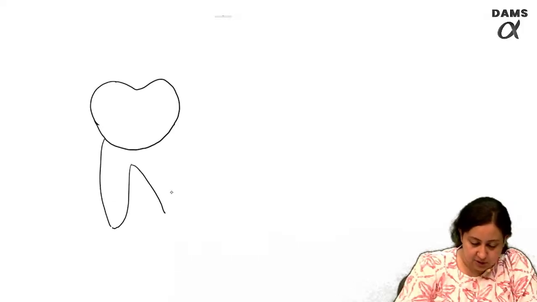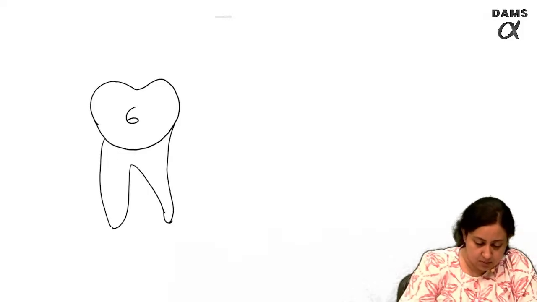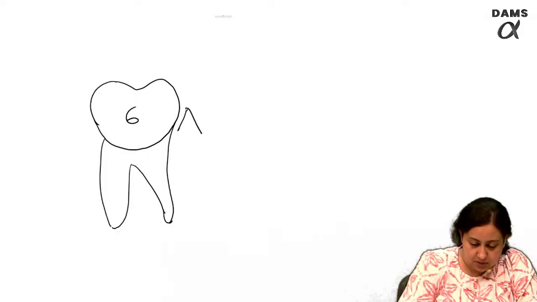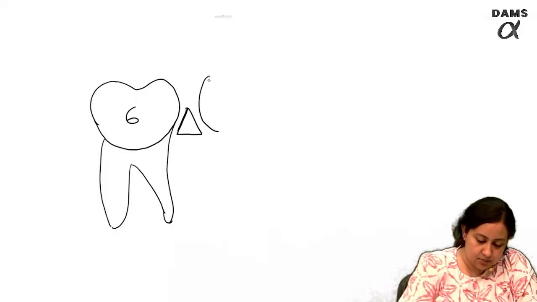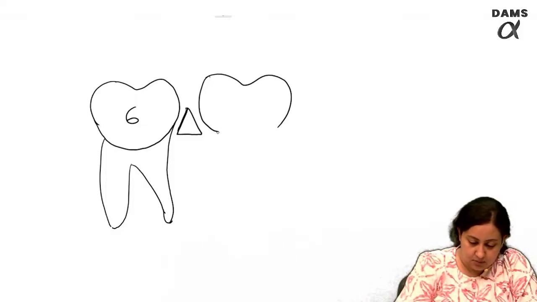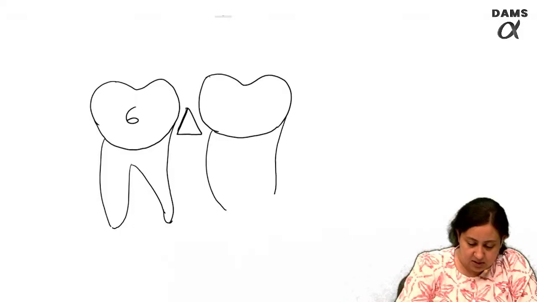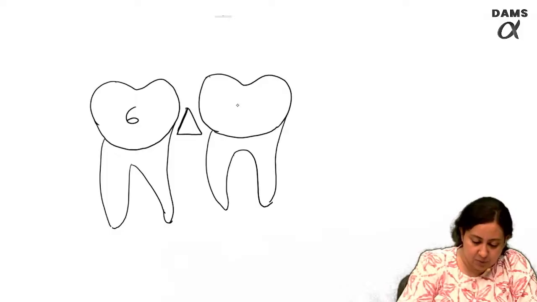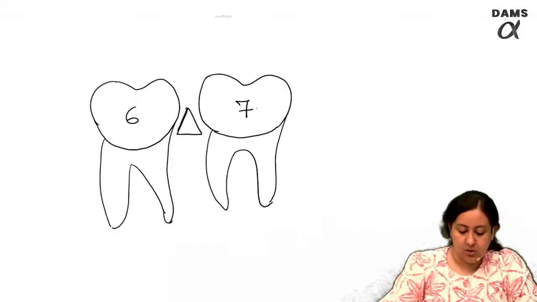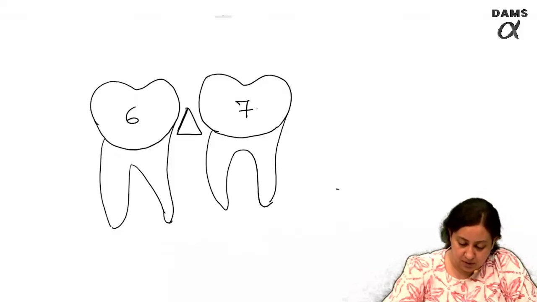This is your first molar. This is your interdental septum. This is the second mandibular molar. And let's assume this to be your impacted third molar.